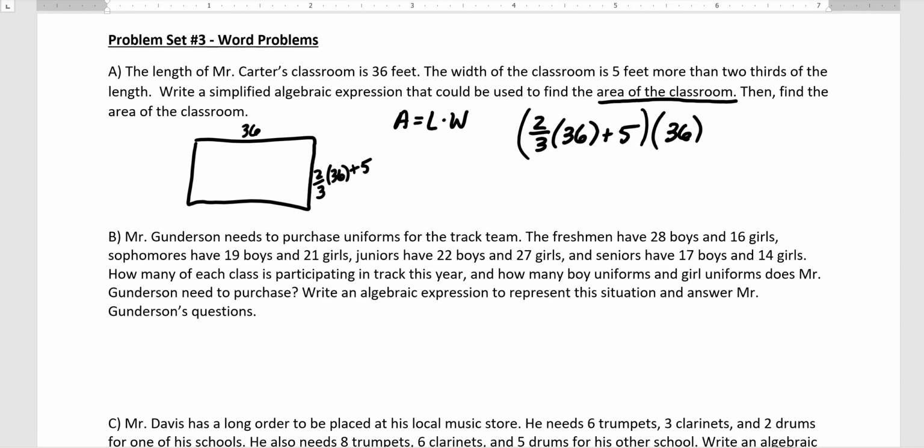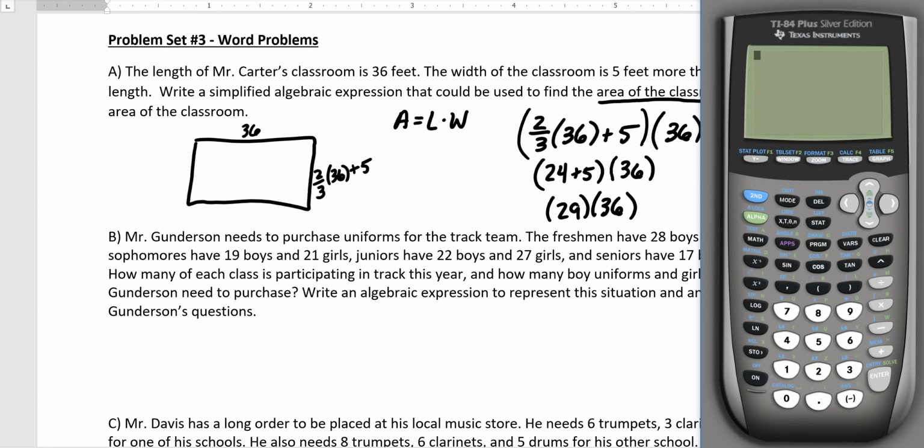So let's simplify this. What is 2/3 of 36? Well, I know that 1/3 of 36 is 12, so that means 2/3 of 36 must be 24. Now 24 plus 5, and then we're going to multiply that by 36. 24 plus 5 is 29, so we have 29 times 36.